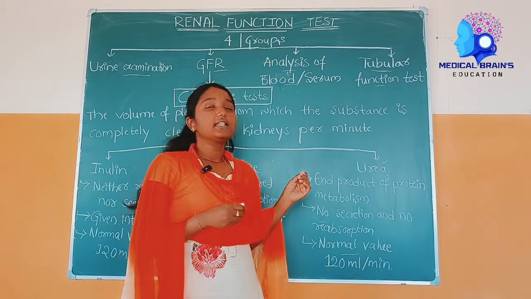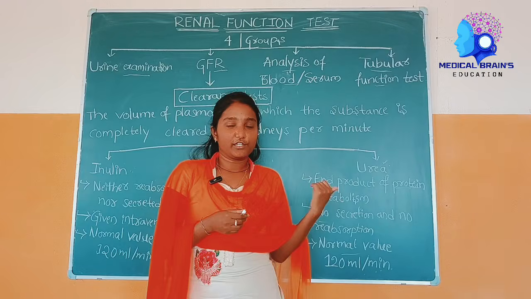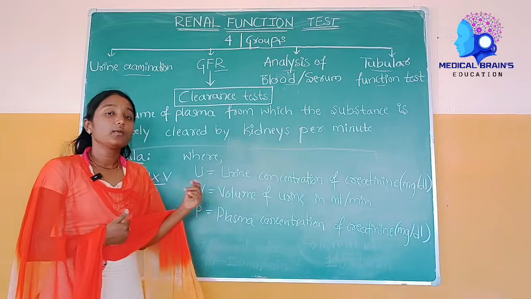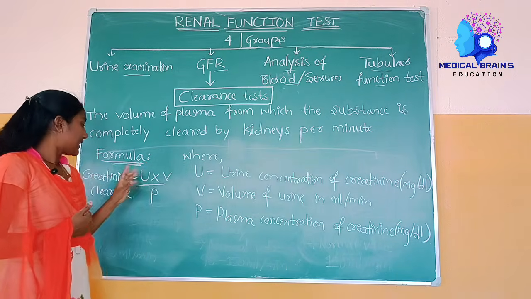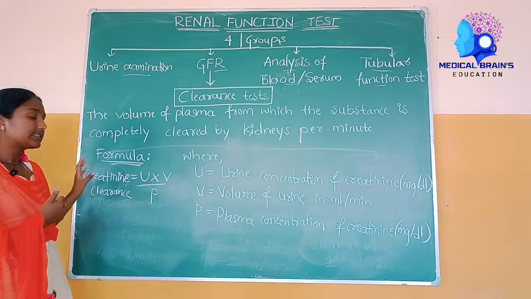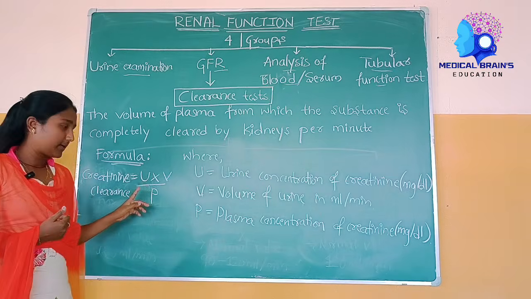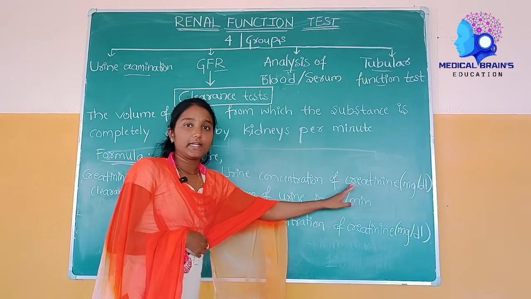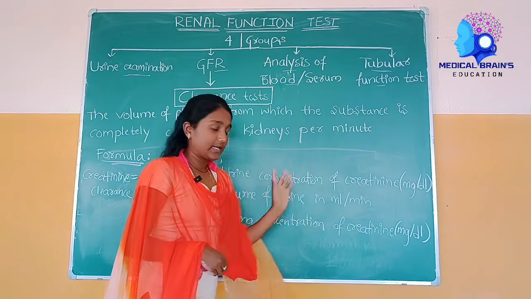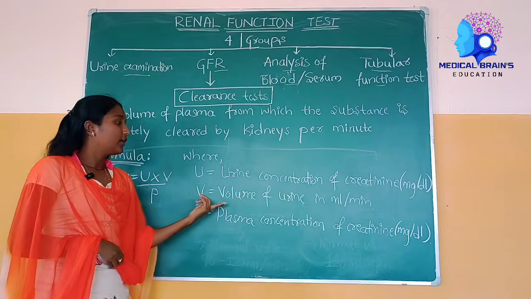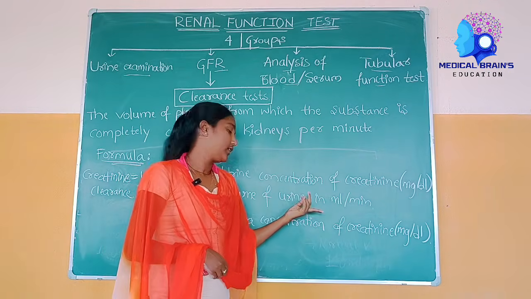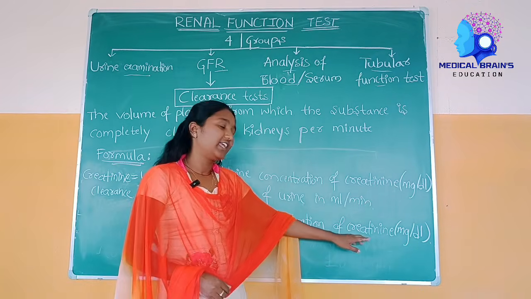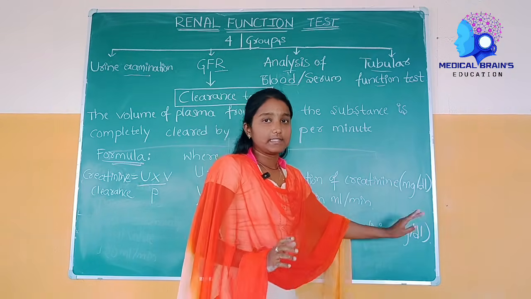Next we will see the formula for the calculation of the clearance test. The formula for the clearance test, especially for creatinine clearance, is U into V divided by P, where U is the urine concentration of creatinine in mg per deciliter, V is the volume of urine in ml per minute, and P is the plasma concentration of creatinine in mg per deciliter.